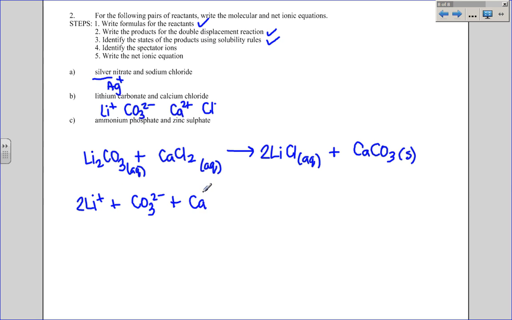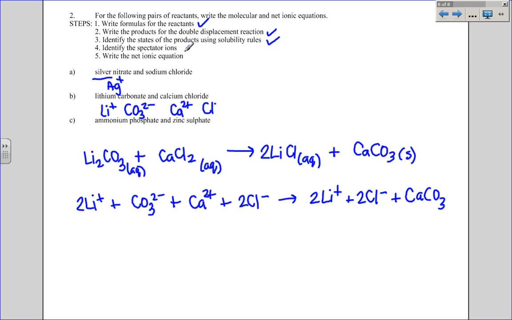Calcium chloride produces Ca2 plus and 2 Cl minus. The lithium chloride produces lithium plus and chlorine ions, and the calcium carbonate, being a solid, stays together. So this is my ionic equation. And I'm confident that I've done the correct ionic equation because it remains a balanced equation.